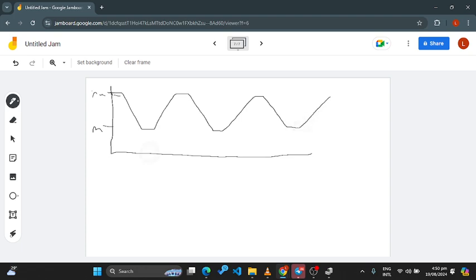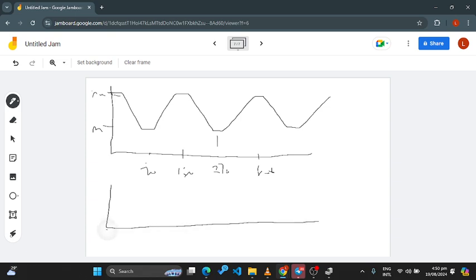This is 90, the middle here is 180, the middle here is 270, and the middle here is 360. So this is how the current is also going to be varying.